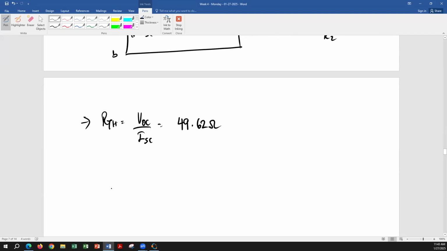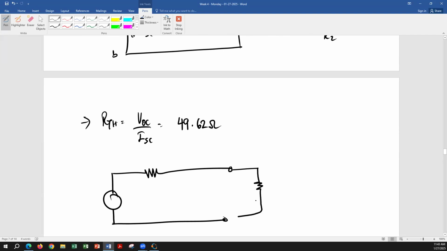Therefore, the Thevenin circuit and your 1 kilo ohm resistor.